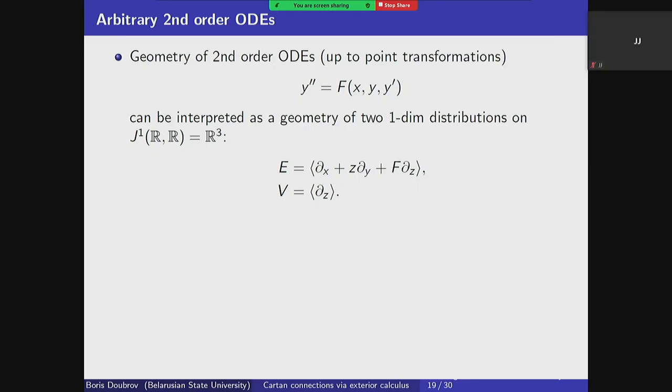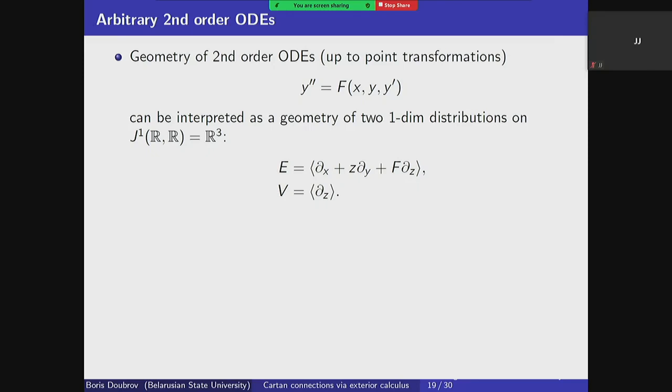And I should probably have a geometric picture here. These directions are two lines, E and B, and together they form a vector distribution, and it's very easy to see that this distribution is spanned by the vector fields dx plus z dy and dz.